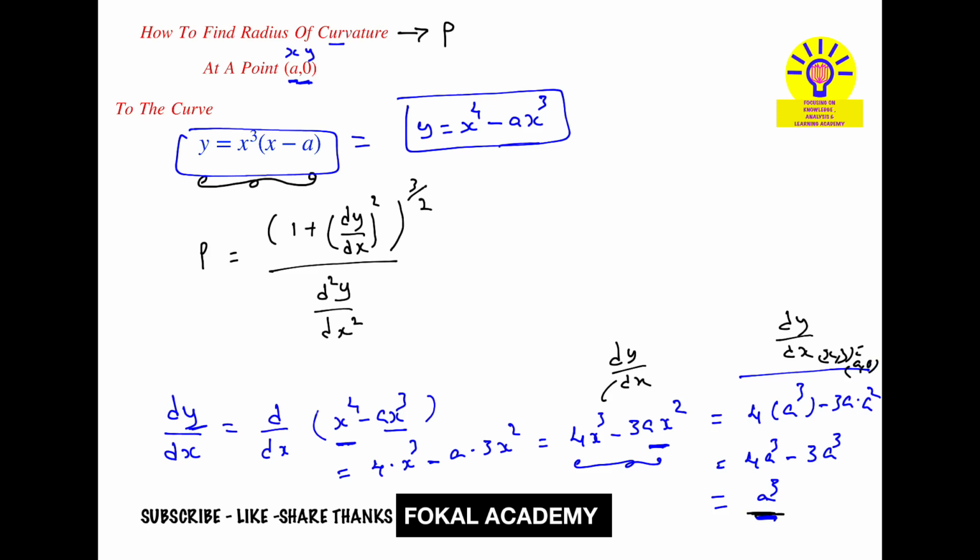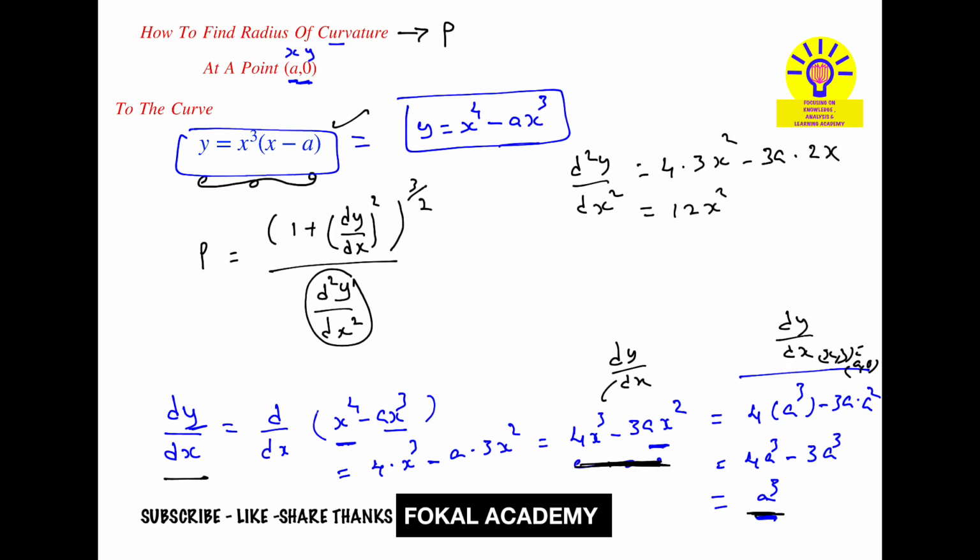Here we want the second derivative, which means the derivative of this function gives the second derivative of y, d square y by dx square. The derivative of this is 4 into 3x square minus 3a into 2x, that's equal to 12x square minus 6a x.